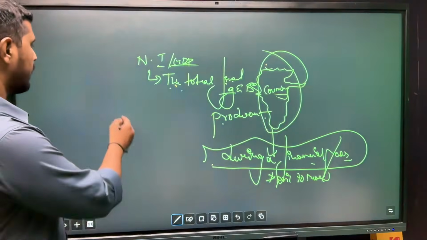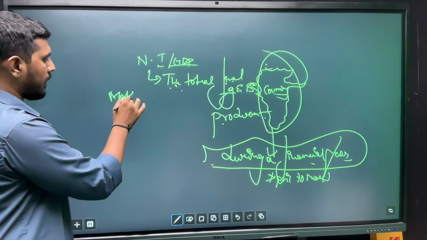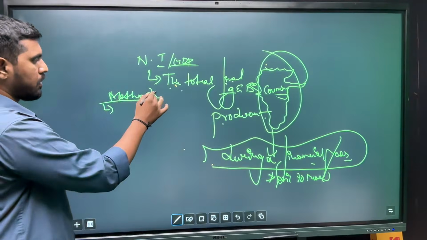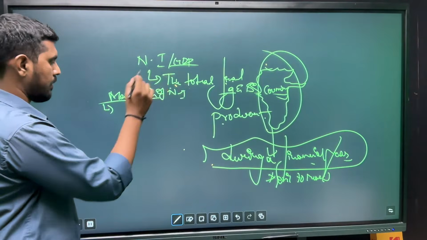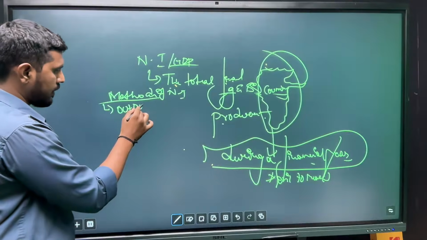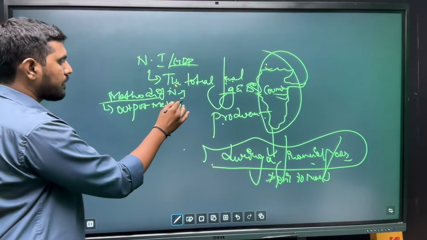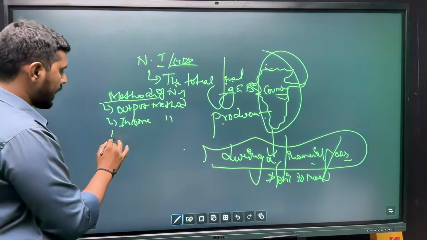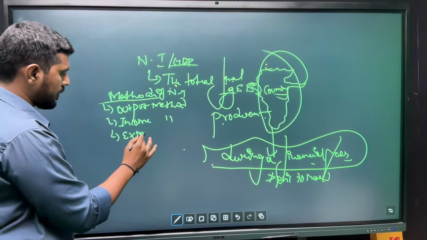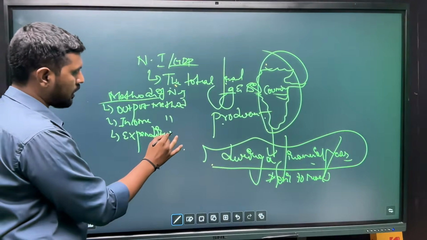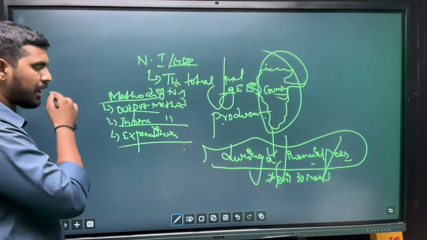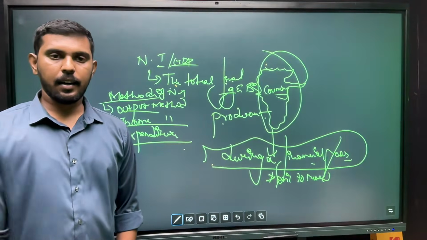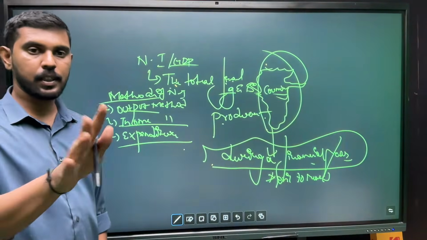Coming to the methods, after the intro you have to write the methods of calculating national income: output method, income method, expenditure method. Before explaining all these methods, let me tell you one thing. We have to calculate national income using these three methods.